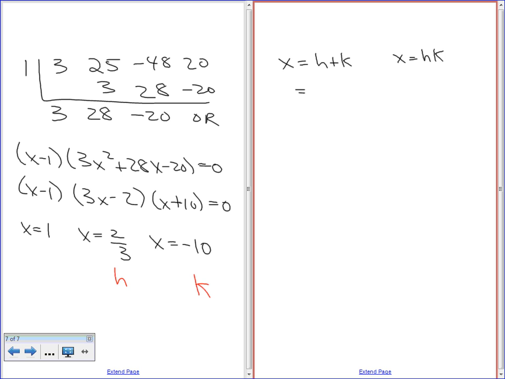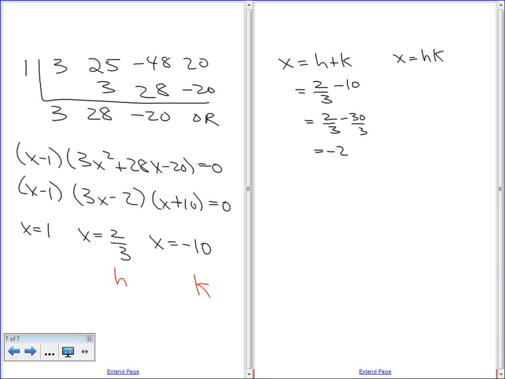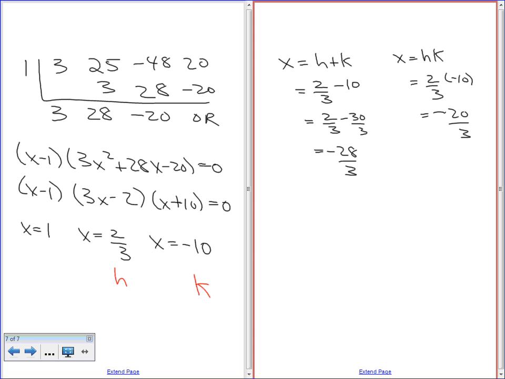That would be 2 over 3 minus 10. Find a common denominator. So my first answer is negative 28 over 3, and my second answer is negative 20 over 3. Those are the answers I want for the equation I'm looking for.